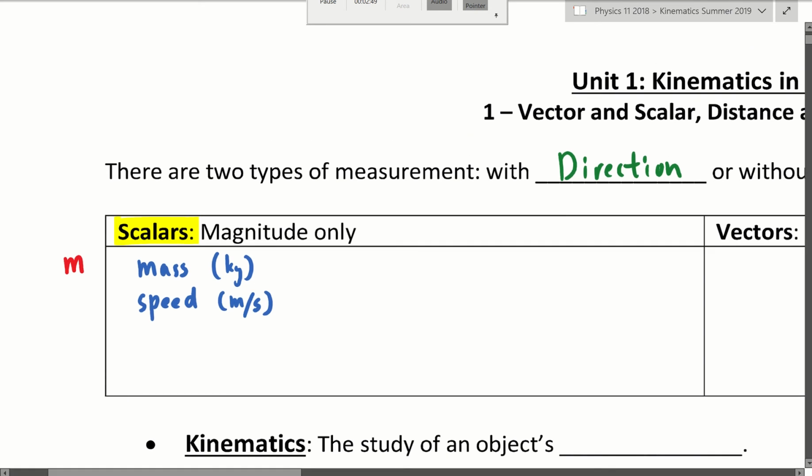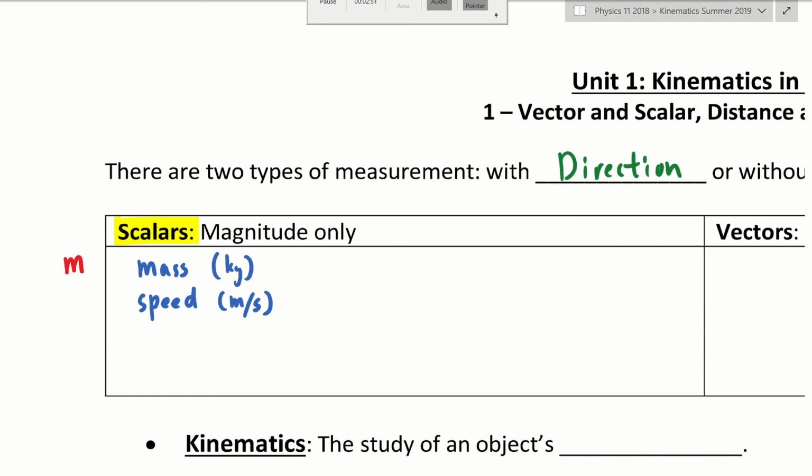So speed is a scalar measurement. For example, if someone asks you, how fast are you going right now? I'm going at 30 kilometers per hour in a school zone. That is the speed. You don't have to tell people that you're going at 30 kilometers per hour facing south or facing east. If the police ask you, how fast are you driving?